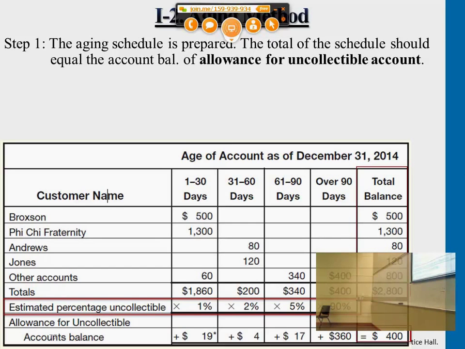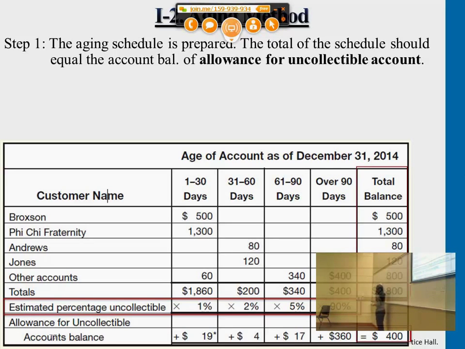For 2 to 3 months old, we assume there's $17, and over 3 months, we assume $360 of this $400 would likely not be collected. And we add up this last line here to get a total balance of $400. This is the target balance of allowances that we're looking for. This is the target balance, regardless of what was reported in the prior year. We assume at the end of this year, it will be altogether $400.